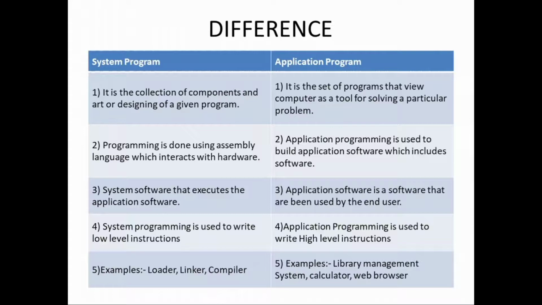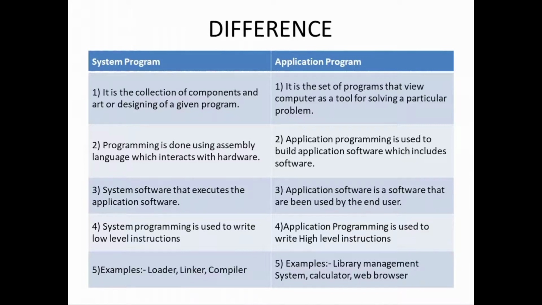It says system program is a collection of components for designing a given program, while application software, or application program rather, is a set of programs that view the computer as a tool for solving a particular problem.